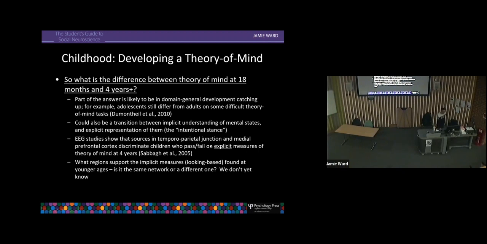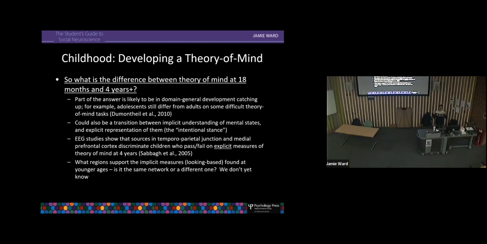What we don't quite have is a developmental trajectory of how the different brain regions, which we know in adults are involved, come online. What we find is that EEG studies show that the temporoparietal junction and the medial prefrontal cortex, if you apply these in children at age 4, those who can pass it versus those who can't, you do have differences in these adult-like regions.